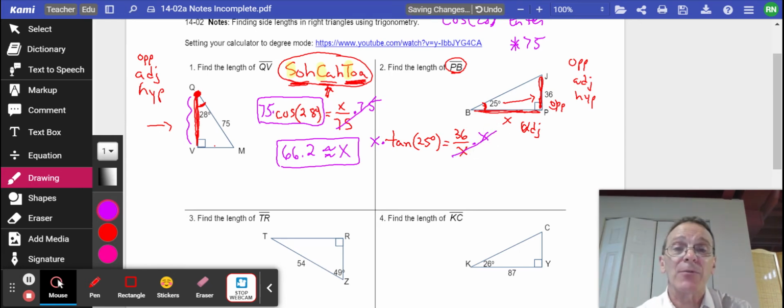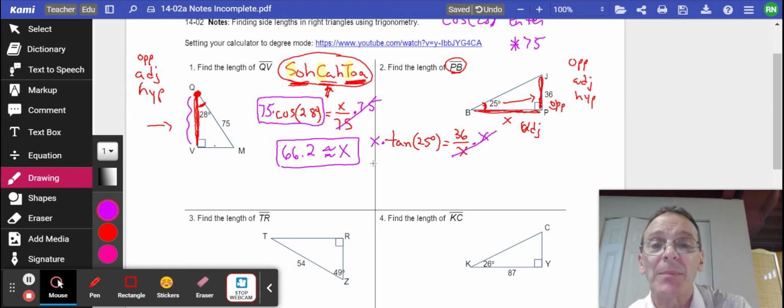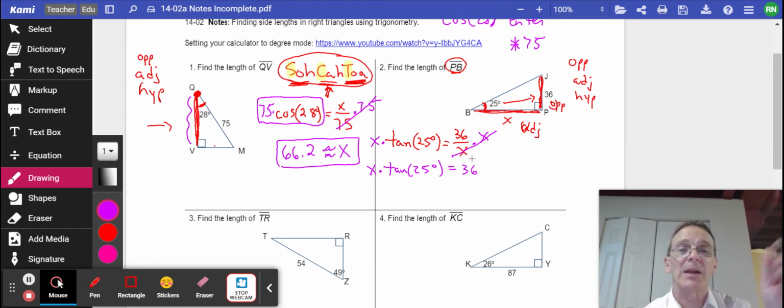And now we have remaining an equation that has no fraction in it anywhere. But now the x is still not isolated. It is being multiplied by the tangent of 25 degrees. X times the tangent of 25 degrees. I'm just recopying this equation that results from multiplying both sides by x.